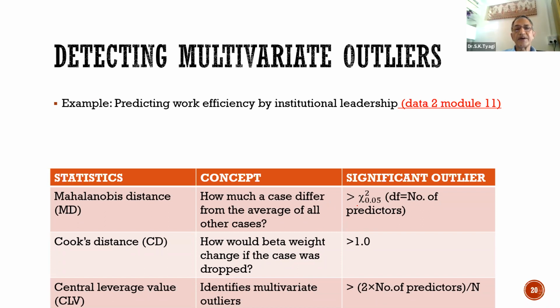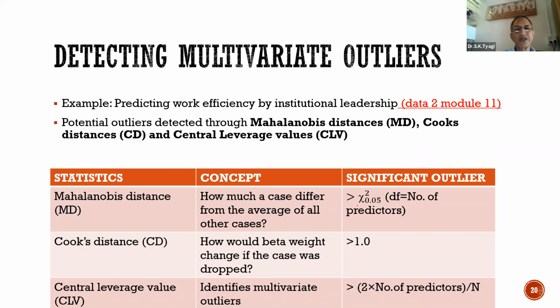How a principal is there on the institutional ladder, and can we predict his or her work efficiency on the basis of institutional leadership? So I will take up this data. There is only one independent variable here and only one dependent variable.